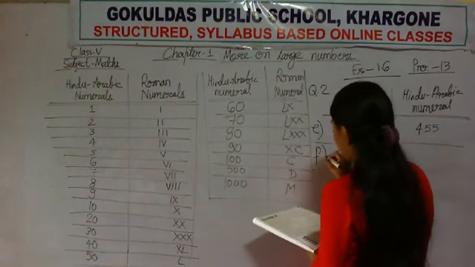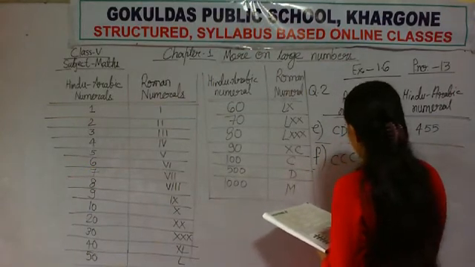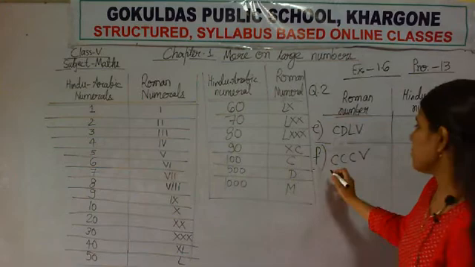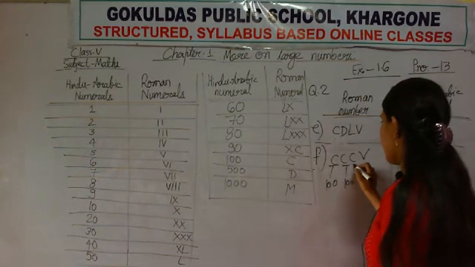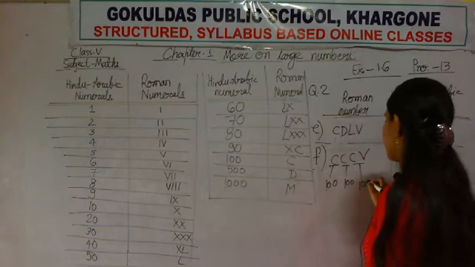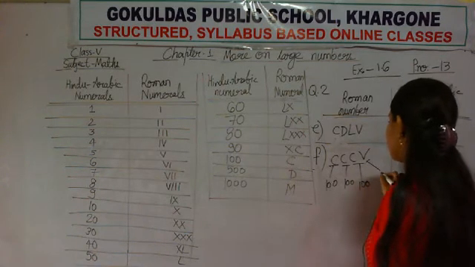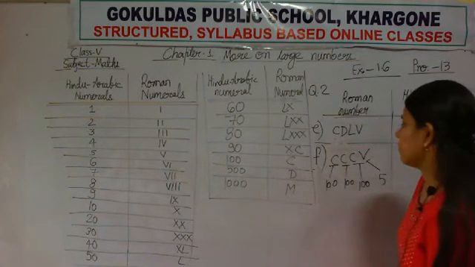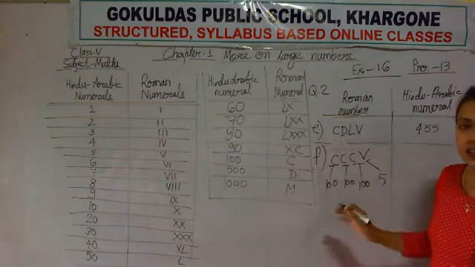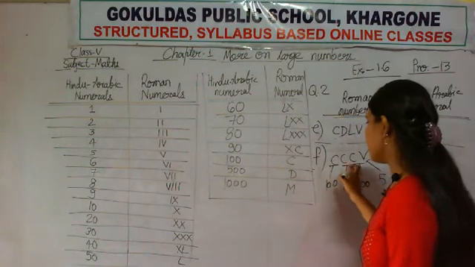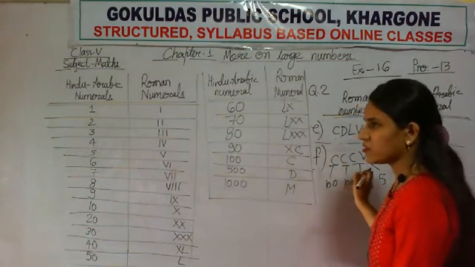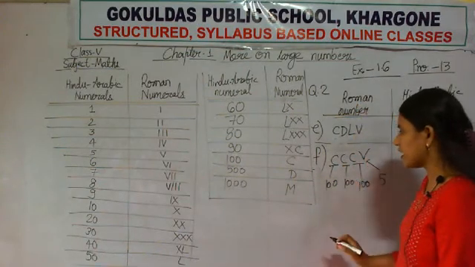Let's do the next, F, CCCV. This C means 100, this C represents 100 and this C represents 100. This V represents 5. If a number equal or smaller is written at the right place to the larger number, it shows addition.